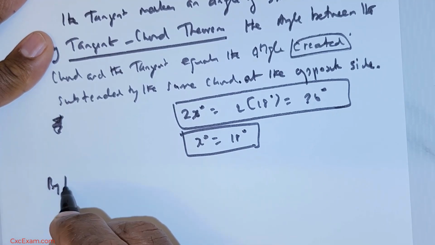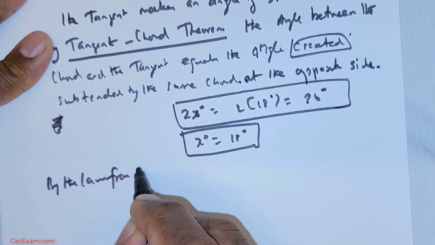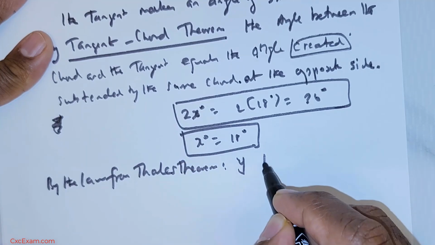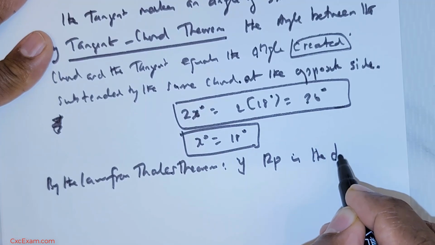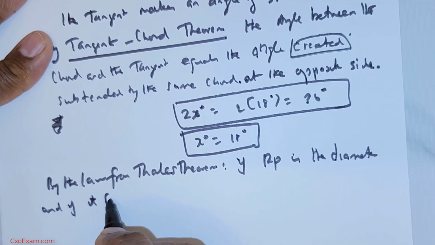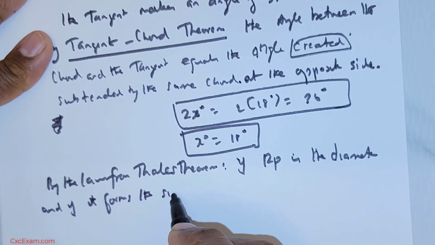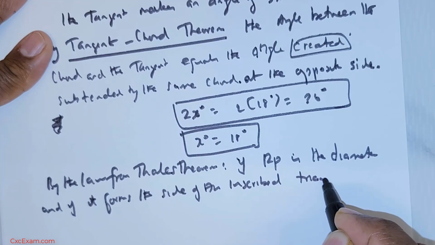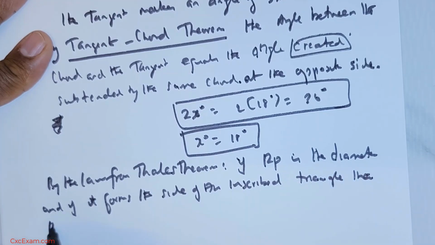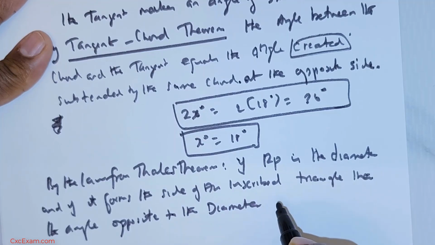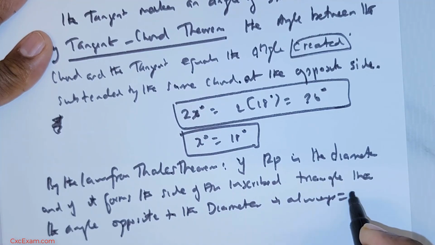So by the law from Thales theorem, if RP is the diameter and if it forms the side of an inscribed triangle, then the angle opposite to the diameter is always equal to 90 degrees.